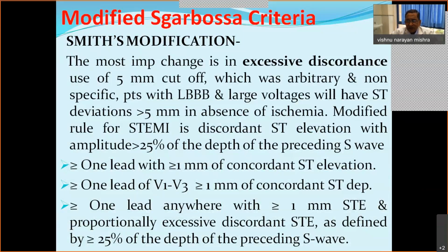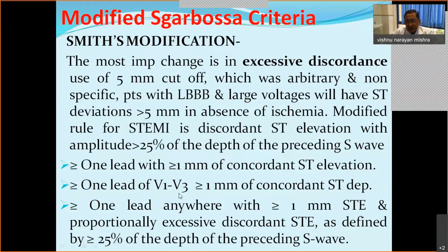So in a patient with left bundle branch block and large voltage, who have ST deviation more than 5 millimeters in the absence of ischemia, the modified rule for STEMI is discordant ST elevation with amplitude of 25% of the depth of the preceding S wave rather than a minimum of 5 millimeters. So the rest of the criteria remain the same. One lead with more than 1 millimeter of concordant ST elevation. This was in the original Sgarbossa criteria.